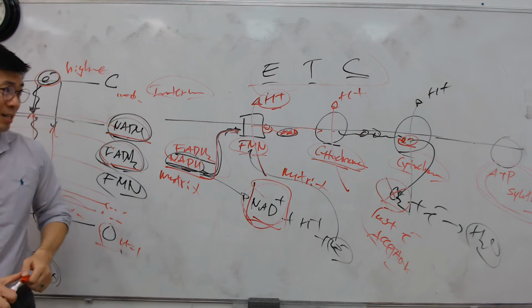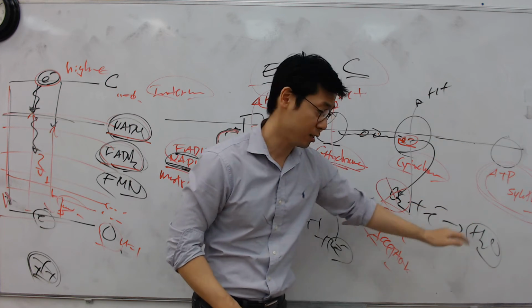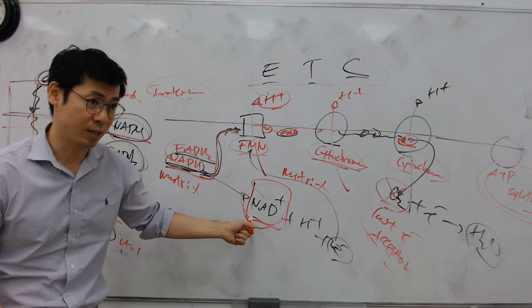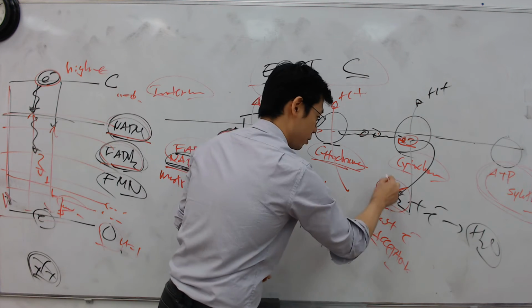So the electron transport chain, what does it do, guys? Having the O2 available, they replenish NAD+. So without the oxygen, what happens, guys?